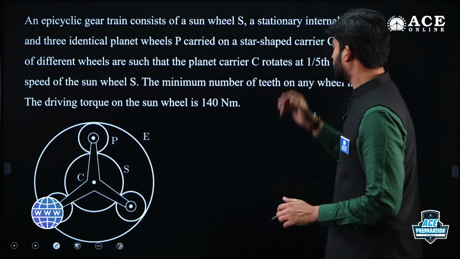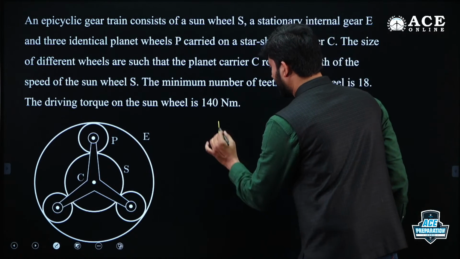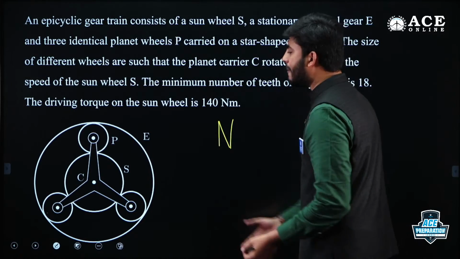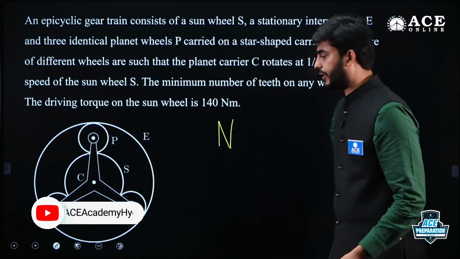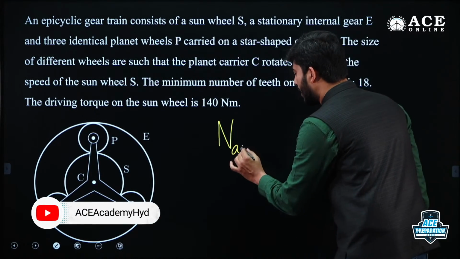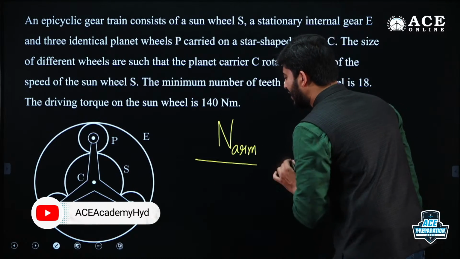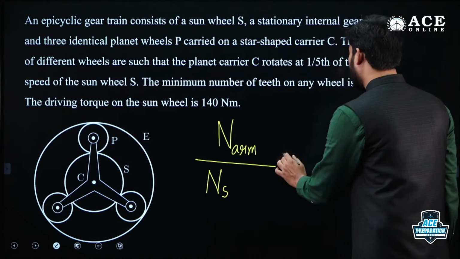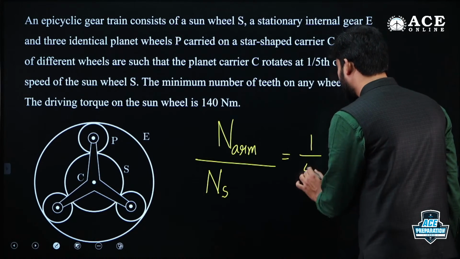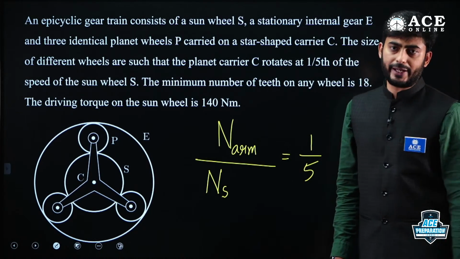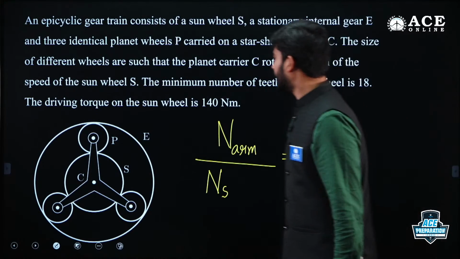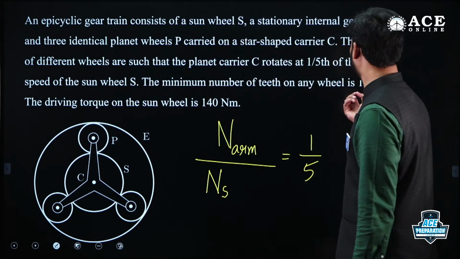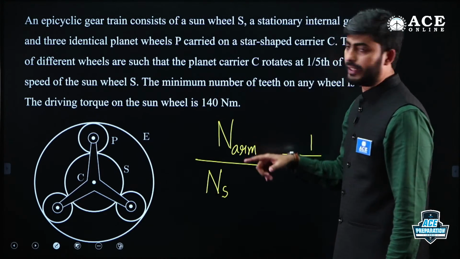So here I can say that the speed of the arm is the carrier C. So speed of the arm divided by speed of the sun is equal to 1/5.